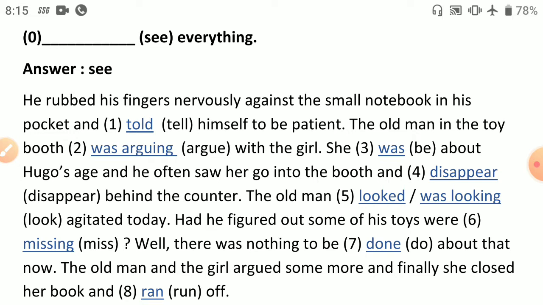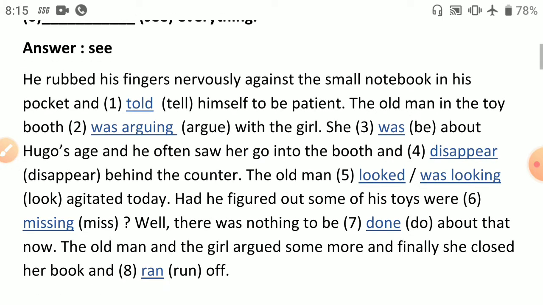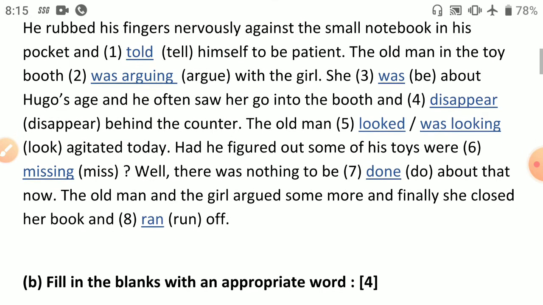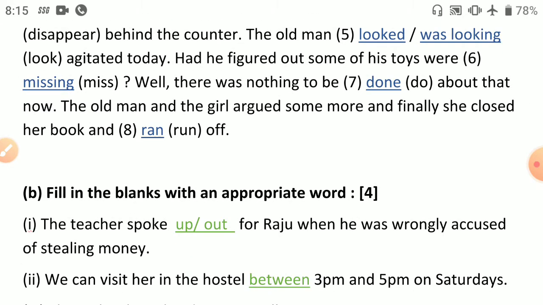The old man looked, or you can also write was looking, agitated today. Had he figured out some of his toys were missing? Well, there was nothing to be done about that now. The old man and the girl argued some more, and finally she closed her book and ran off. Okay, a very mysterious kind of act going on in this passage.